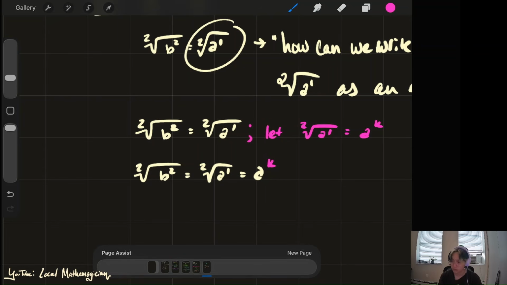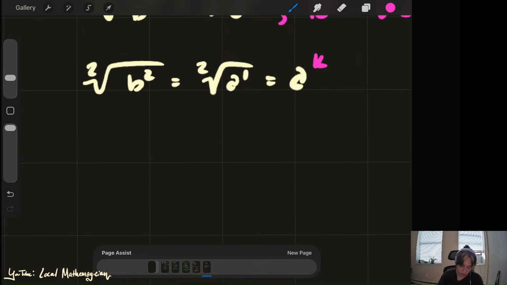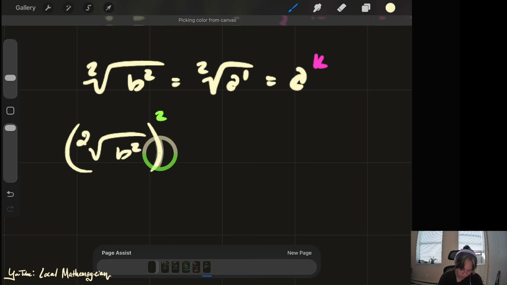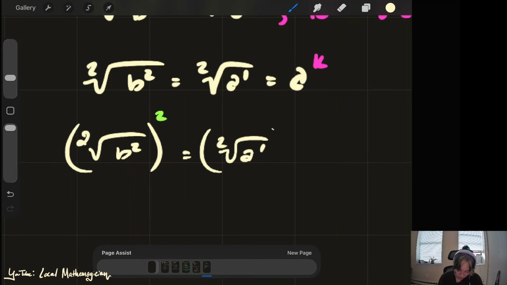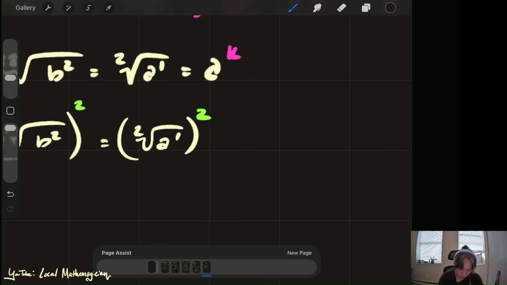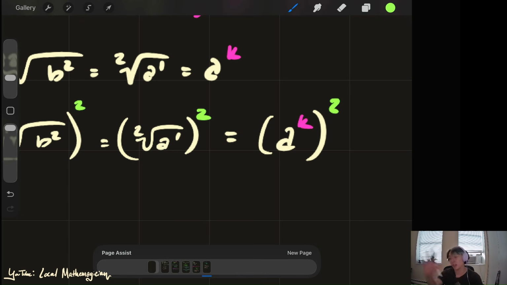Okay, square it back. If we square it back, we'll write it like this. I know it's going to be a little bit tedious. Hear me out.